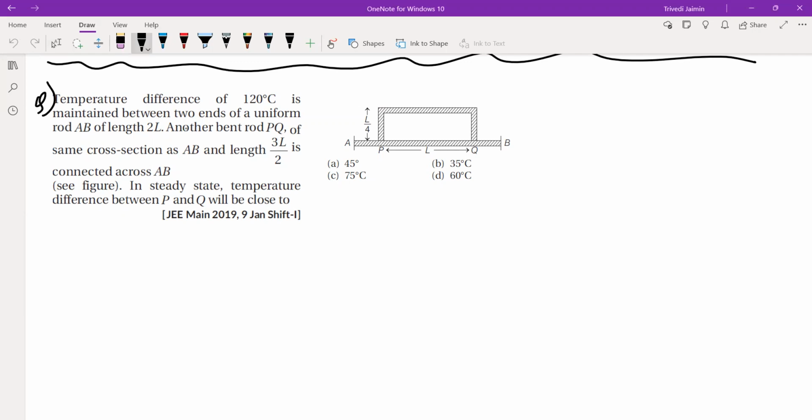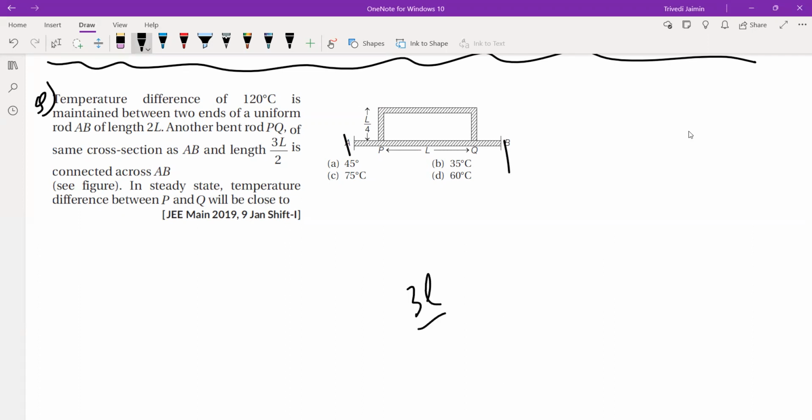The temperature difference of 120 degrees Celsius is maintained between two ends of uniform rod AB. So this is our uniform rod A and B. Length is 3L by 2.